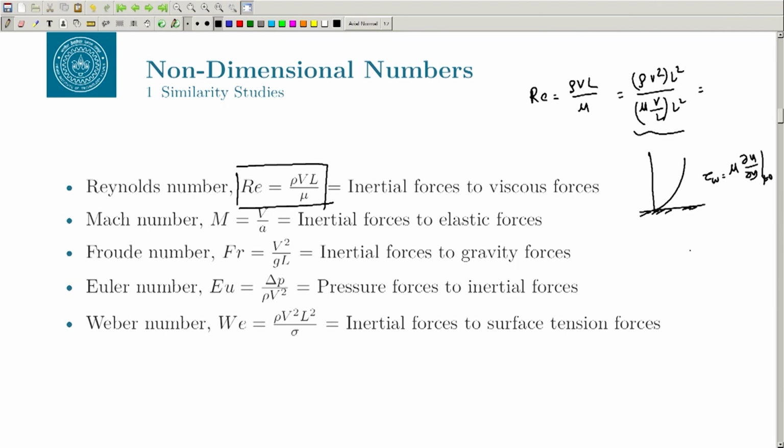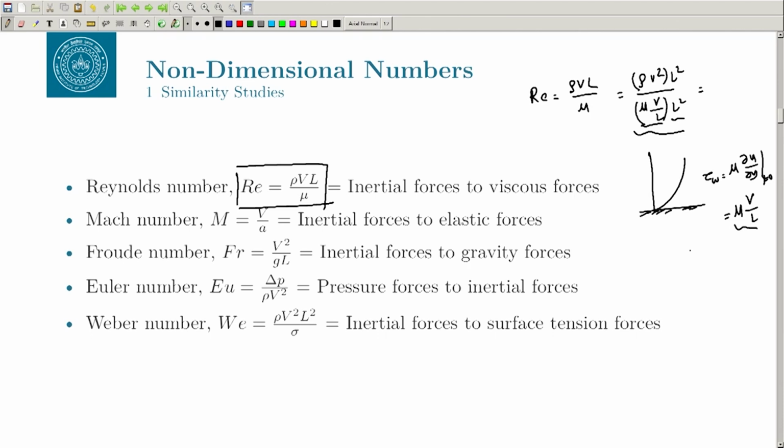So, this is your viscous force, mu multiplied by some velocity gradient. In terms of dimensional numbers, this is like mu V by L, so it represents your viscous stress. Mu V by L is a viscous stress multiplied by the area, and stress multiplied by area is the force. So, this is the viscous force.